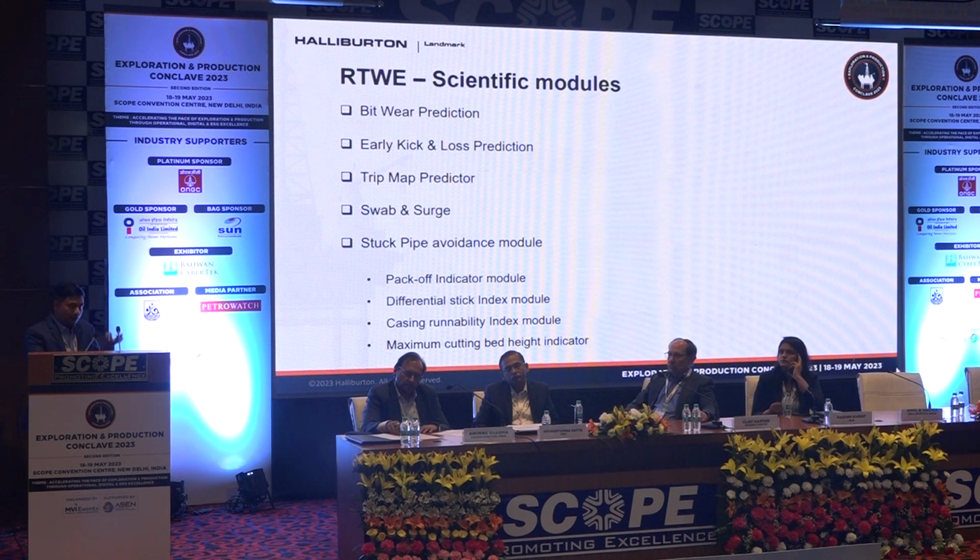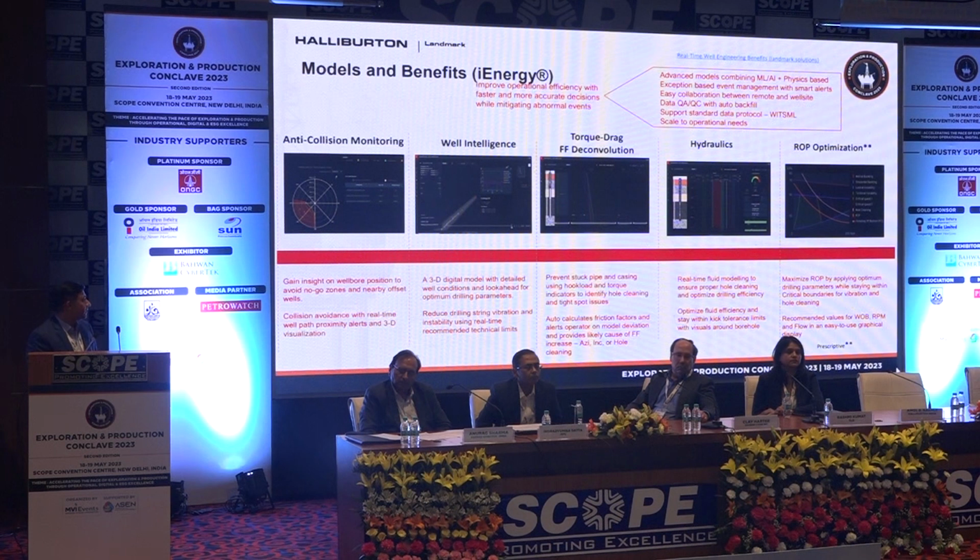The stuck pipe models include a pack of indicators: casing runnability, plug friction factors, and cutting bed indicators. One major one is casing runnability, which we are actually testing as a pilot project across a couple of companies across the world. Again, it is all about the same models and how we can do it.